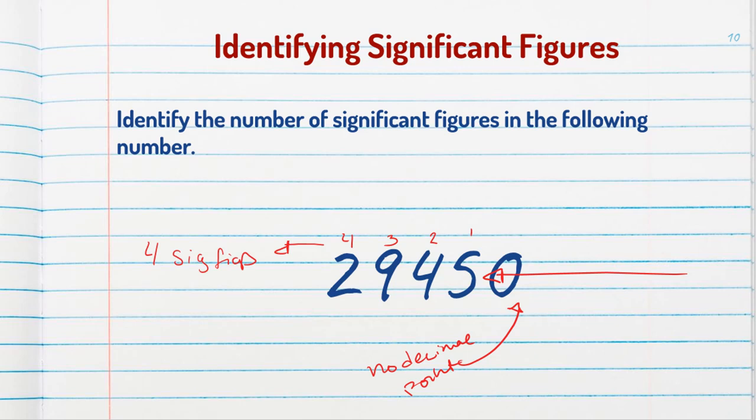So I'm going to count the number of non-zero numbers, right? Cool. Do I have any zeros between non-zero numbers? No. Do I have a decimal place? No. So I have calculated the total number of significant figures. I have 4.